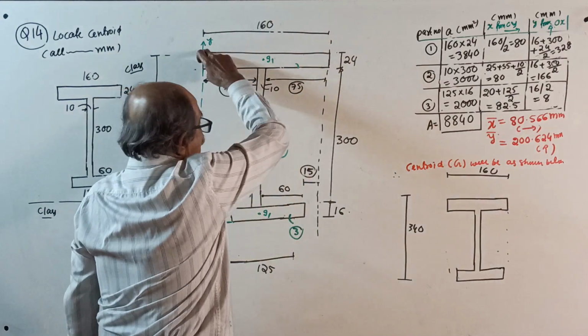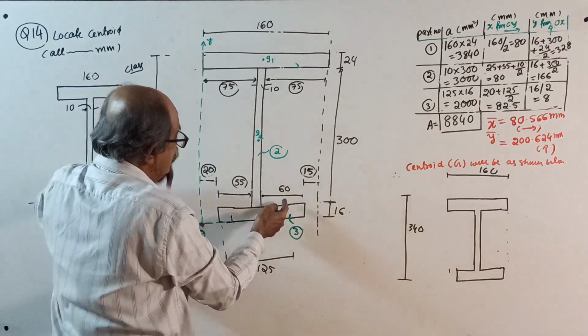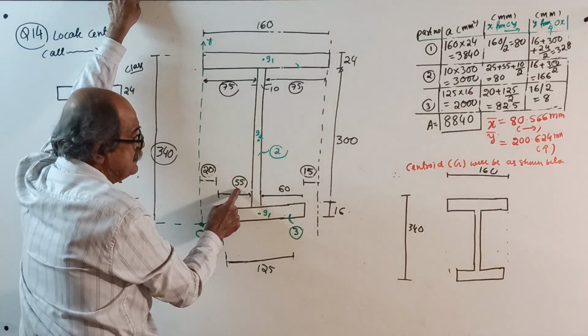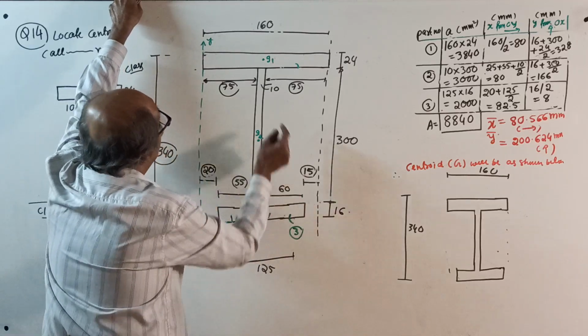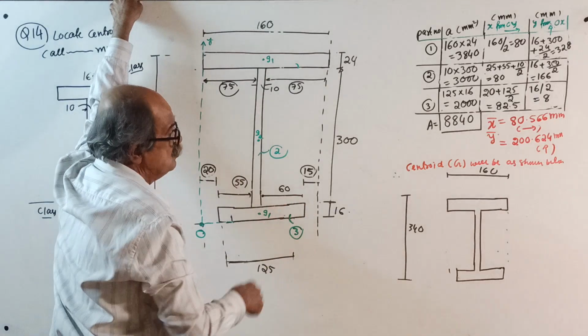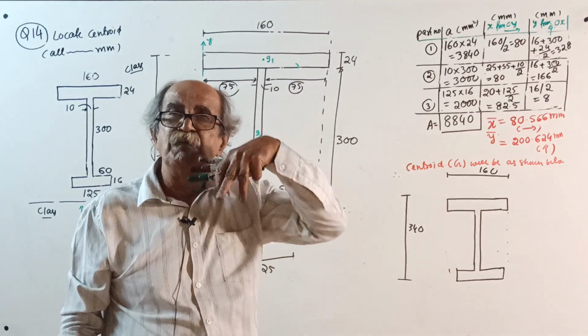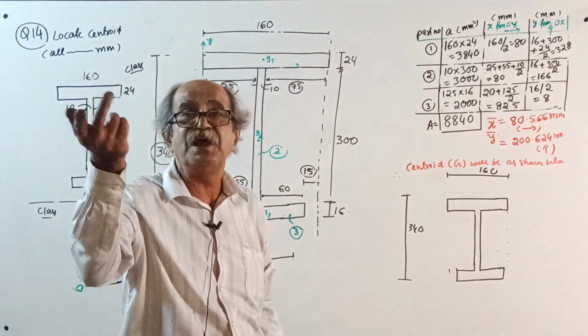So this is 160, and this offset here is 15. See, 15, 20, 15, 20. If both were equal, it would come 57.5, 57.5, that is 160 minus 125 divided by 2. Anyway, why should we discuss what would have come? They are not equal. Leave it, that will worry us in the next question.